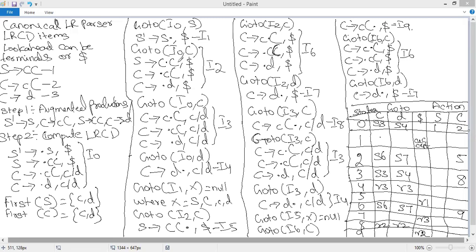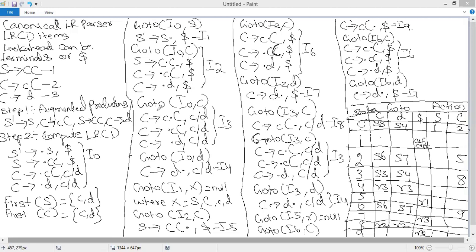After that there are no components, so this dollar will be mentioned as it is here. Next thing is C tends to dot D comma, the look ahead symbol is dollar, because when the dot moves one position to the right hand side, after this no symbol, so this look ahead symbol dollar will be present here also. So this is how we can identify I2.